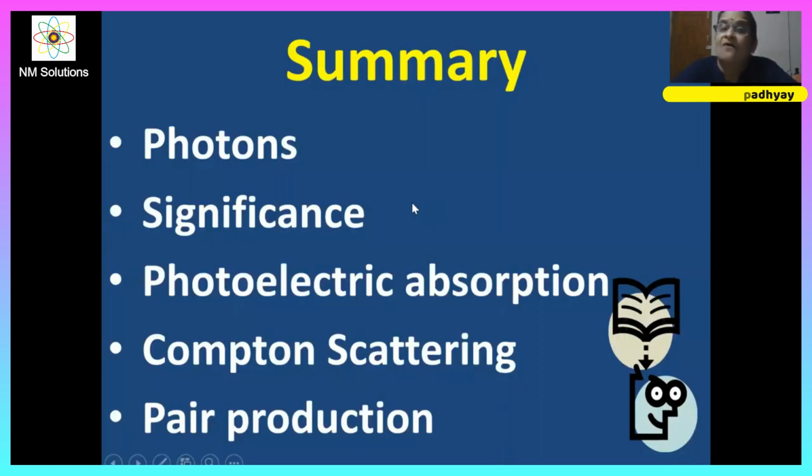So the summary is, what are photons? What is the significance of this topic? What are the different interaction methods? Photoelectric absorption, Compton scattering, and pair production of these gamma photons with the matter.